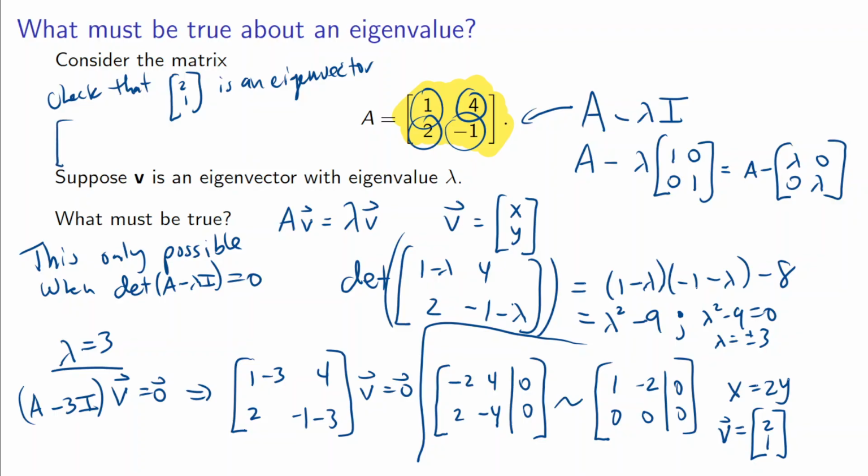Okay, so if we do A times (2, 1), with A being 1, 4, 2, negative 1, times (2, 1), we get 2 plus 4 is 6, 4 minus 1 is 3. So we do get 3 times (2, 1). So it worked, hooray! We could play the same game with negative 3, and we would get an eigenvector there.